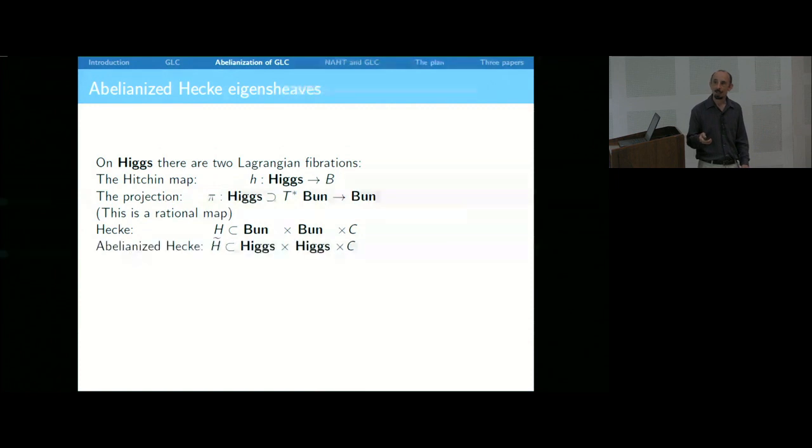The abelianized Hecke correspondence, H tilde, is going to be the analogous thing where we replace a bundle by a Higgs bundle. It's not going to be just the pullback from Bun to Higgs. It's going to be much, much smaller than the pullback.